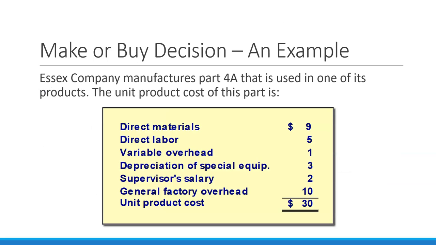So we're going to look at an example now. We have a company that manufactures a part called 4A. We use this product in manufacturing, and the product cost of this particular part is $30, composed of direct materials, direct labor, variable overhead, and fixed overhead: general fixed overhead, depreciation, and the supervisor's salary.